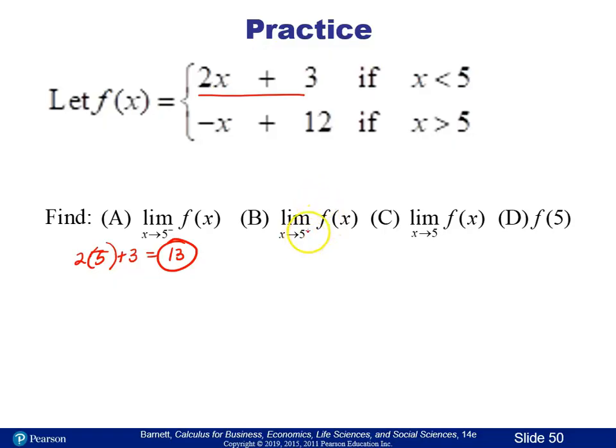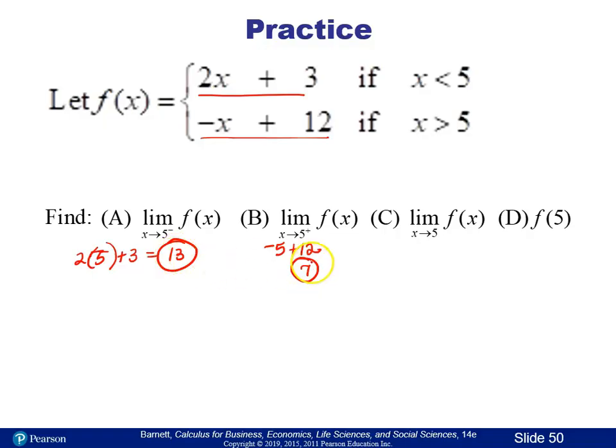If I'm using values to the right of 5, like 5.01, 5.001, then I'm going to have to use the second piece. So that would be negative 5 plus 12. So I'm going to have 7 for that limit.